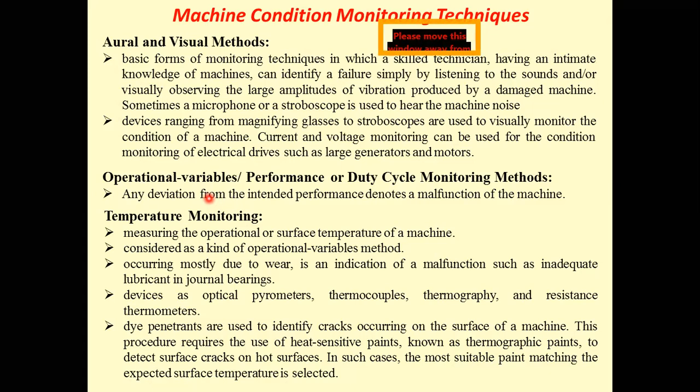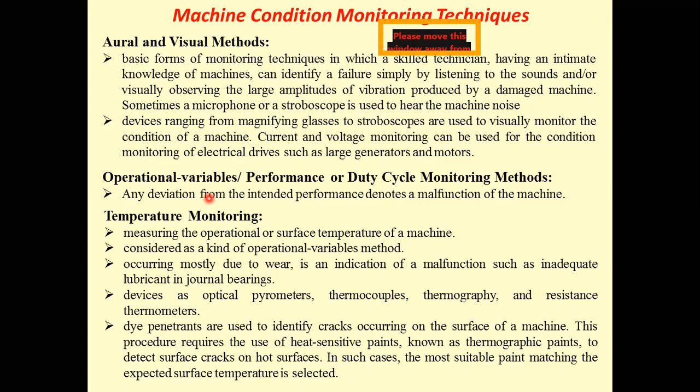So any deviation from the intended performance of that machine denotes malfunctioning of the machine. Now, for example, there is one machine and that machine has some operational variables or performance parameters.